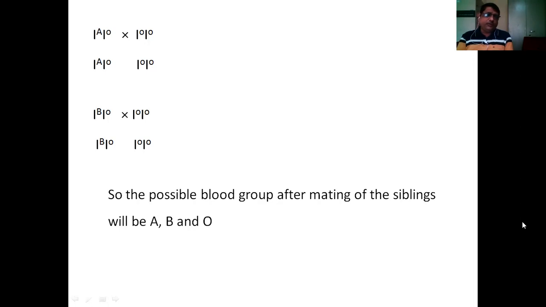Same with B. When a B blood group individual is crossed with the O blood group individual, in the F2 generation we will get one offspring with B blood group while the other has O blood group. So these are all the possibilities of mating among the cousins. That will be the solution for the problem.